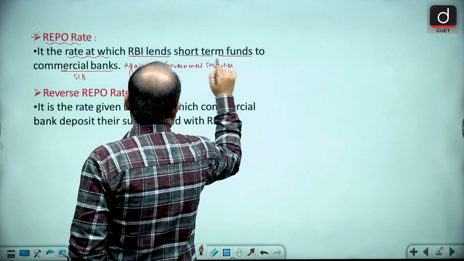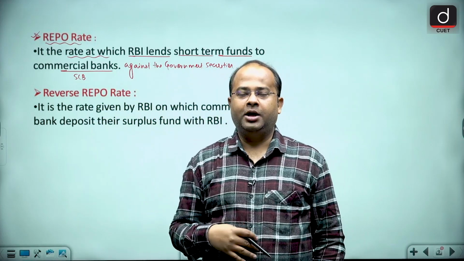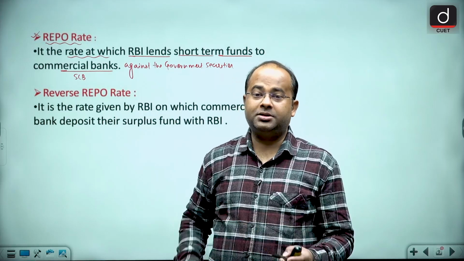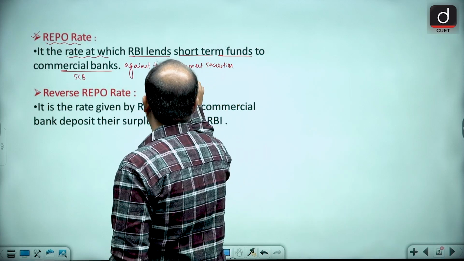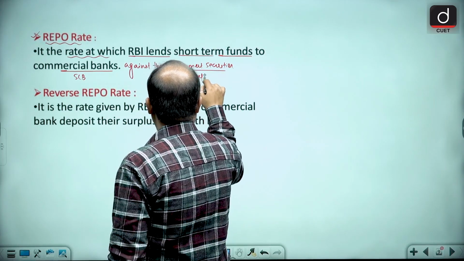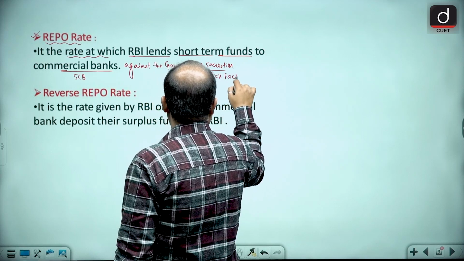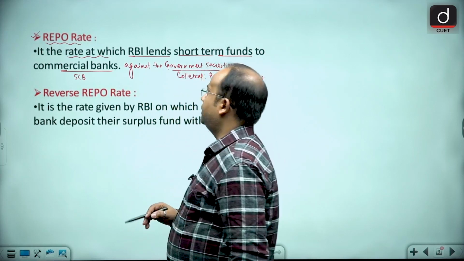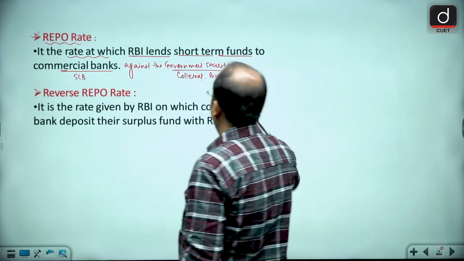And government securities, guys, are also known as gilt-edged security. Why is it called gilt-edged security? Because the risk factor is 0. Why government security? It serves as the collateral. Because the risk factor is 0, therefore repo rate is the short-term lending rate.